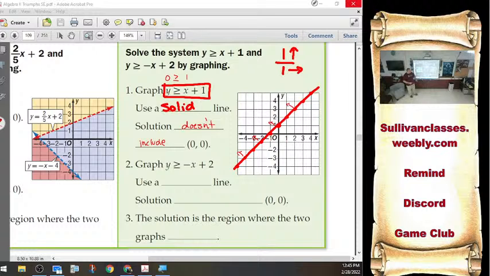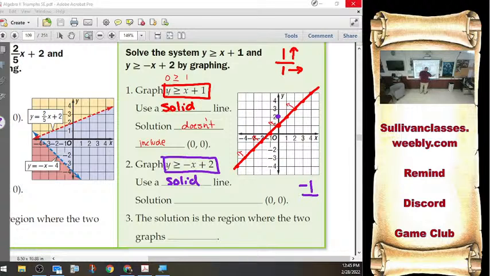Okay, next one. It's going to be a solid line again because it's or equal to. Where do I start? You start at 2, 2 on the y-axis. I've got a negative x, so that's a negative 1 in front of it.